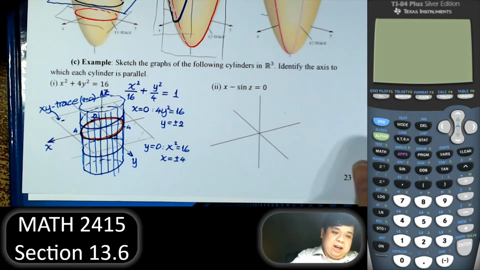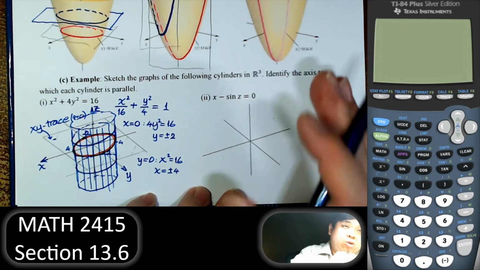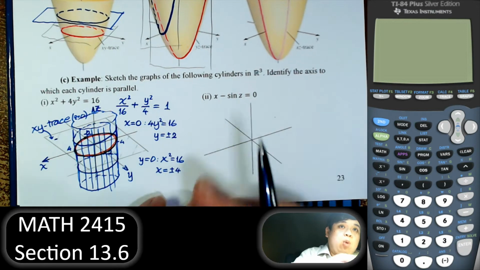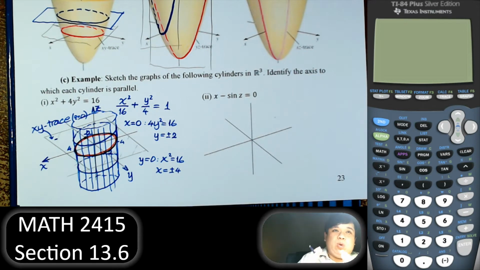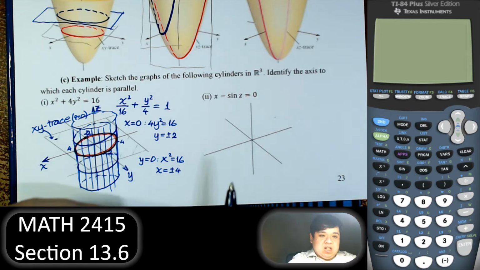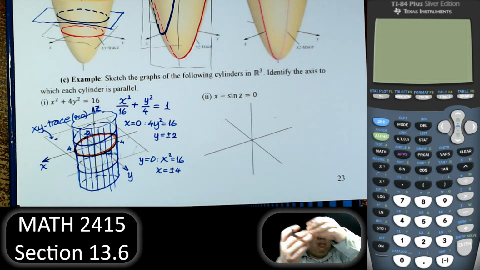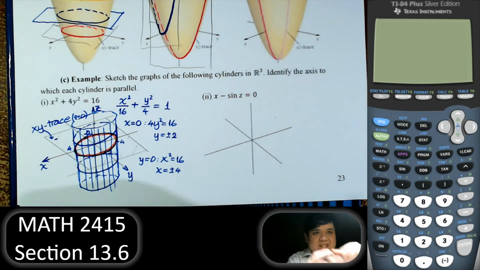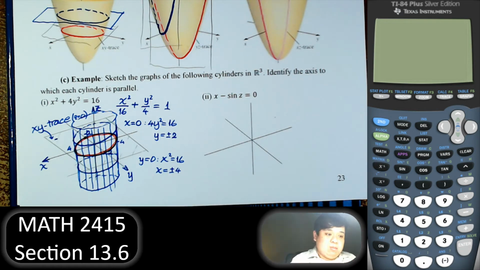Right. Next we have x equals sine z. We don't have y. Once again, the cylinder, usually we call it the right cylinder, because we can have a cylinder that does not stand upright. It could be at a slant angle. In that case, there will not be any missing variable.